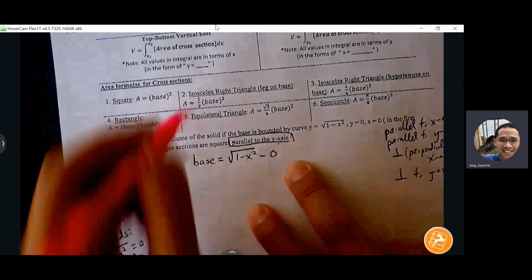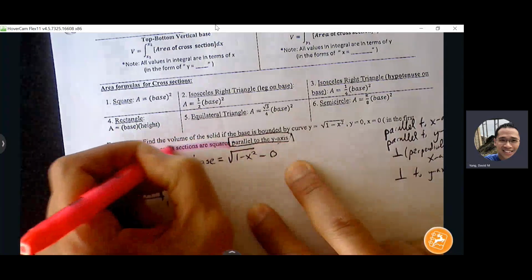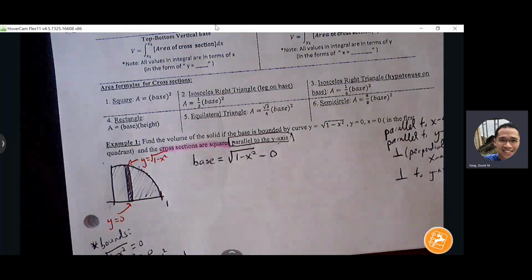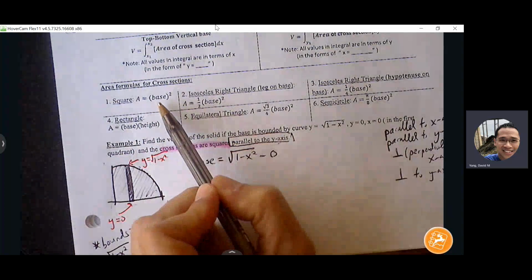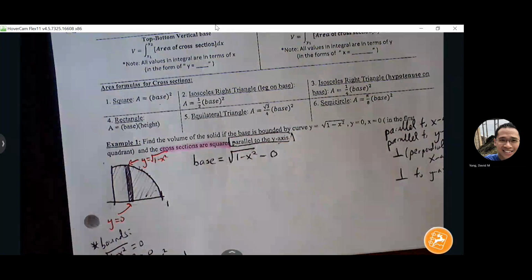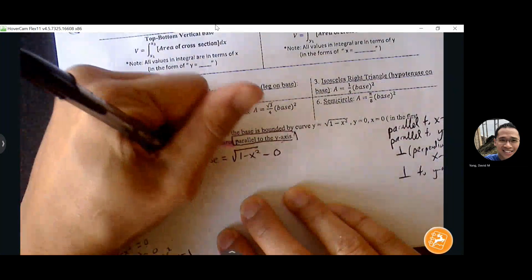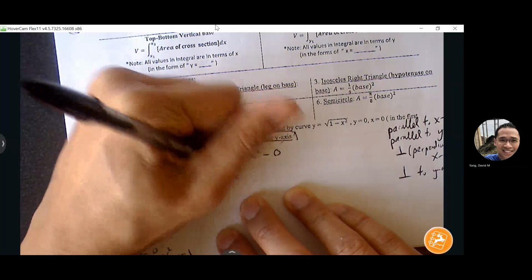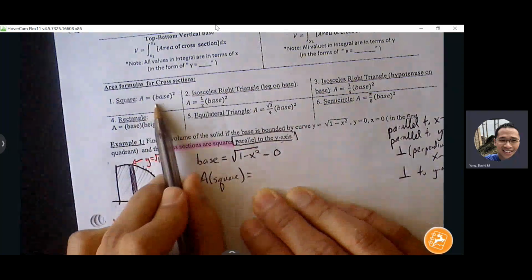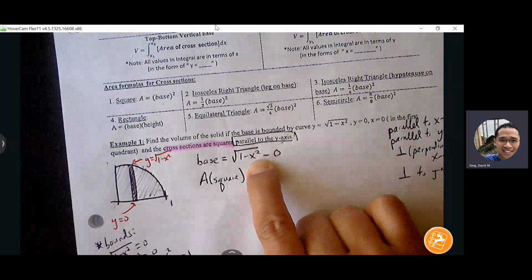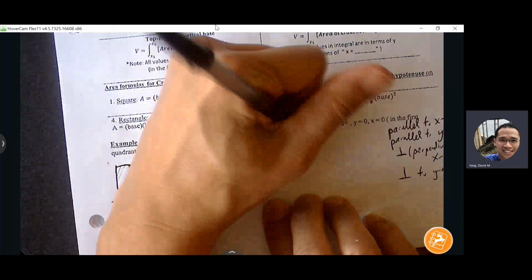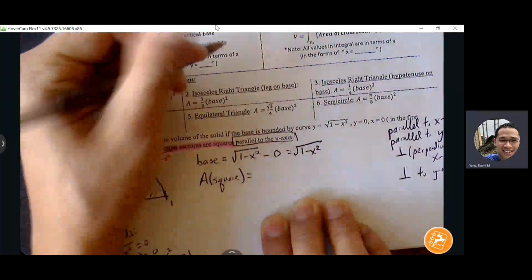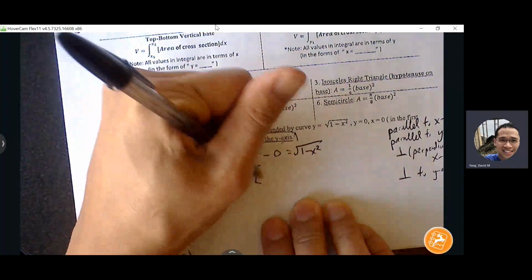Cross sections are what? Squares, yeah. So whatever shape we're building, we're going to put it into that area formula. The area is base squared. So I'm going to take my base, which is square root of 1 minus x squared, and I'm just going to square it.